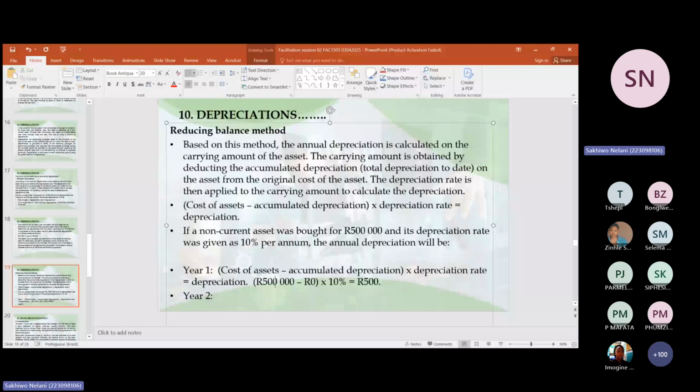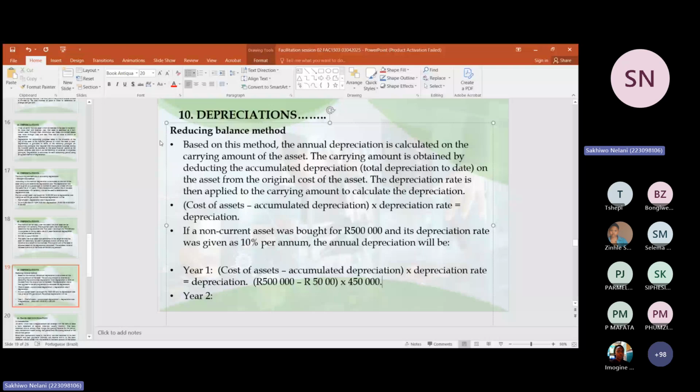We agreed that it was 50,000. Don't worry about year 1. This is what we calculated in terms of the previous example.